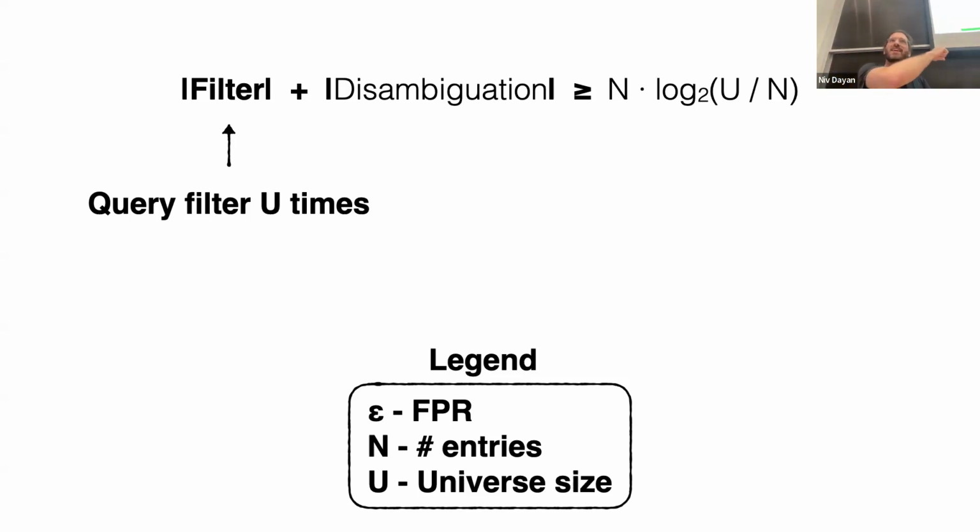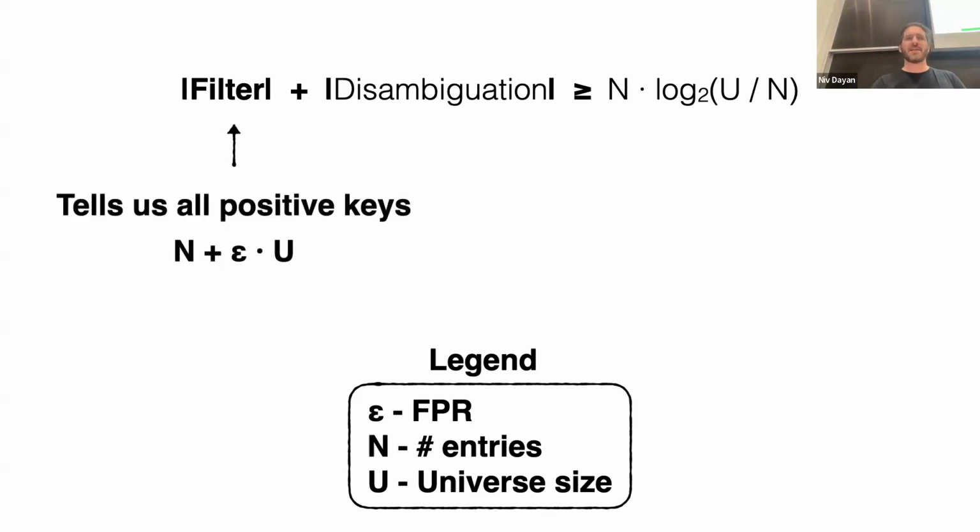Once I query the filter for every possible key in the universe, what does that tell me? That tells me precisely which keys return a negative versus which return a positive. I don't know which positives are true or false. I just know, out of the entire universe, which keys are negative and which are positive. And how many keys are positive, I can reason about that.